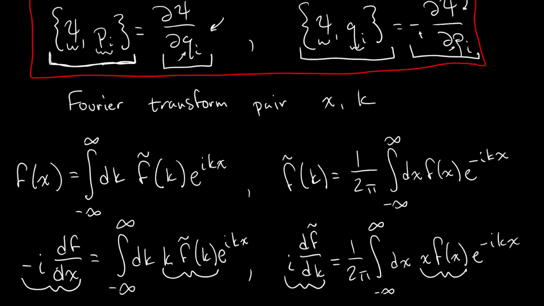Let's see what happens. Now, again, this doesn't follow directly from Poisson brackets, right? These are just statements, some operators. But the comparison, the fact that there's so many similarities between these two things, might lead me to ask the question of, hey, what if my Q's and P's are Fourier transform pairs?